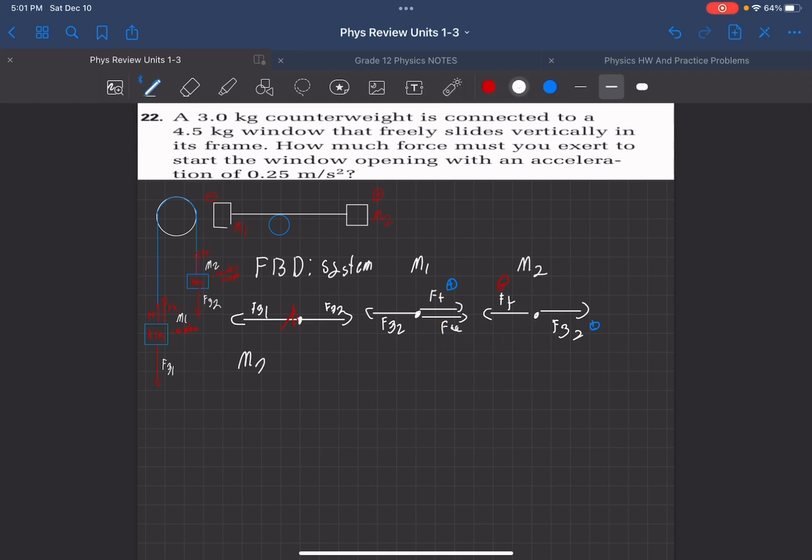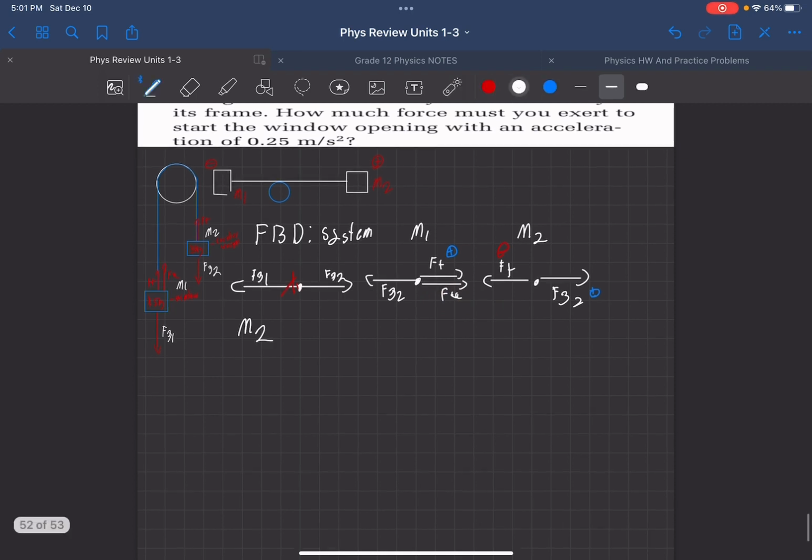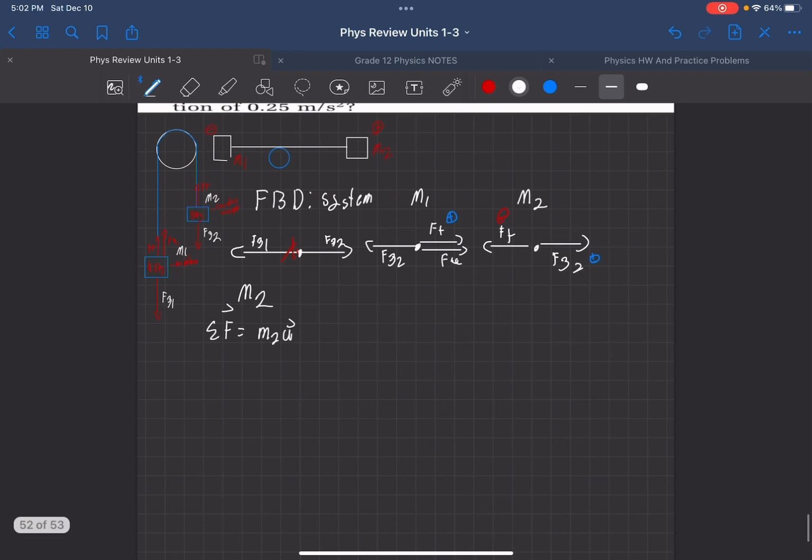So M2, and we say the sum of the forces is equal to M2A, right? Mass 2 times acceleration. The sum of the forces being Fg2. Remember, this Fg2 is positive, plus Ft. And this Ft is negative, right? So that is equal to mass 2 times acceleration.